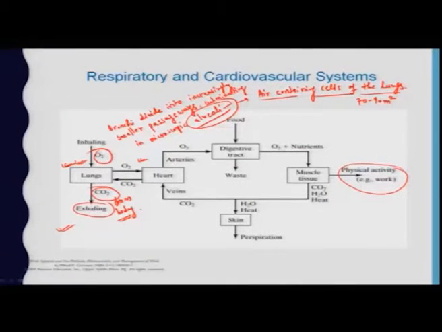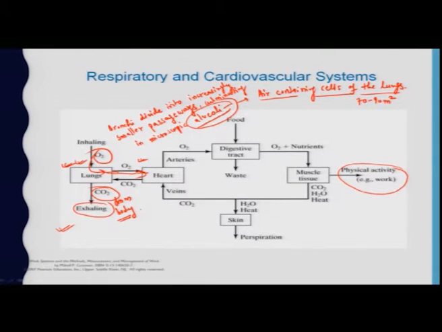Apart from that, the oxygen contained in the air inhaled into the lungs is diffused into the blood, which flows back to the heart.